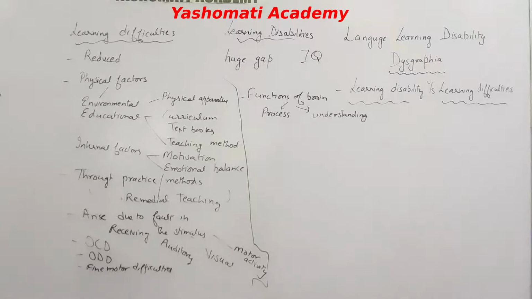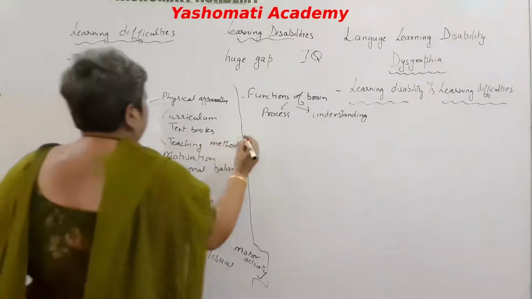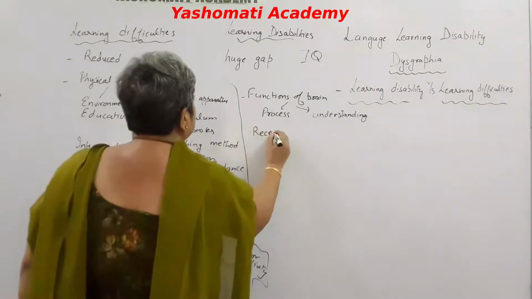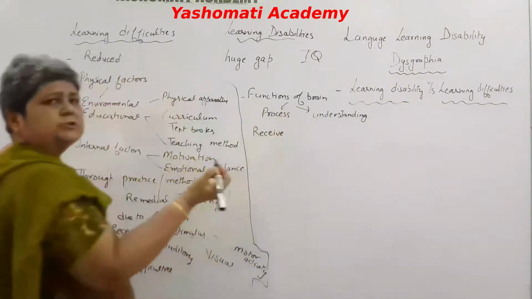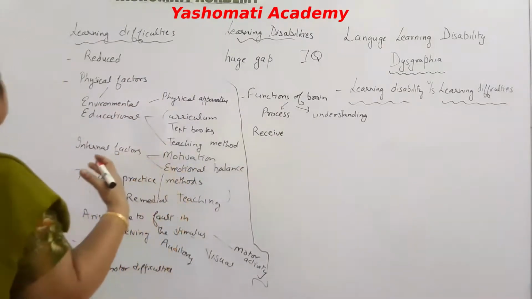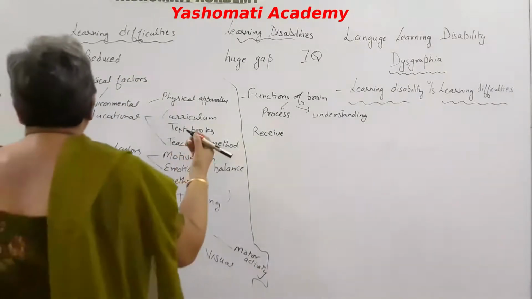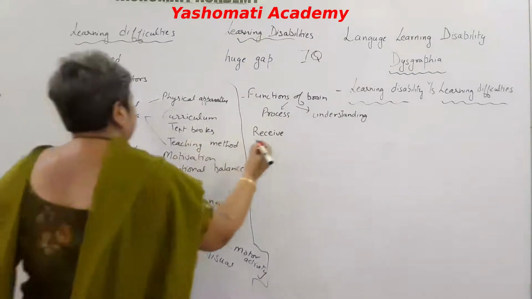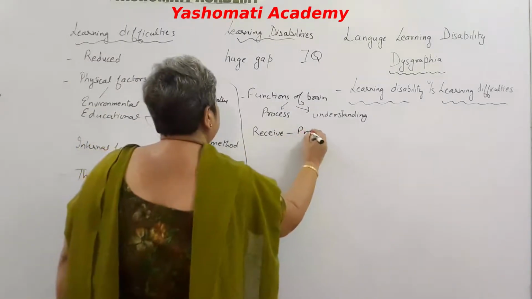The first function of the brain is the ability to receive: we receive the stimulus from different sensory organs, and once we receive the stimulus, then we process it.